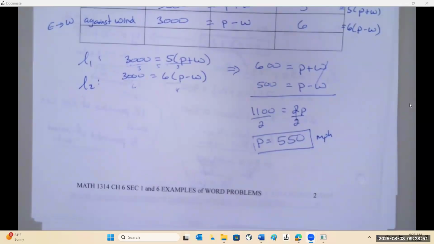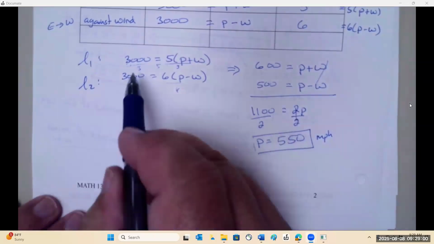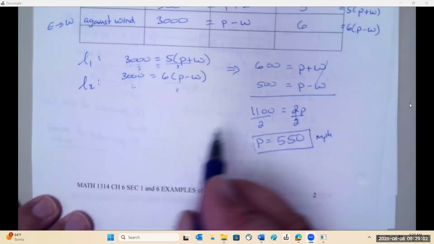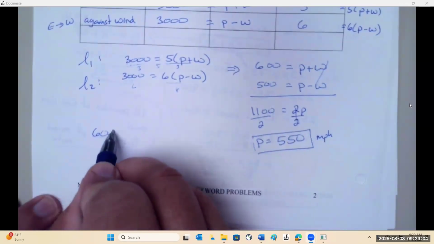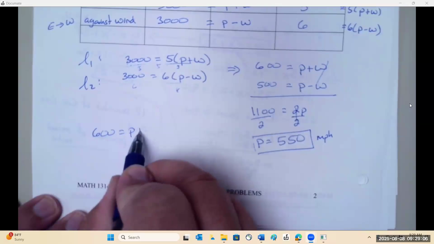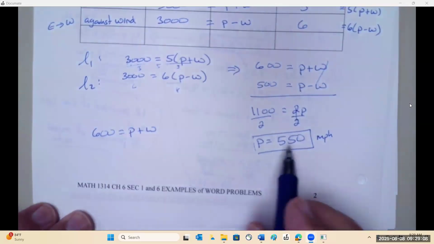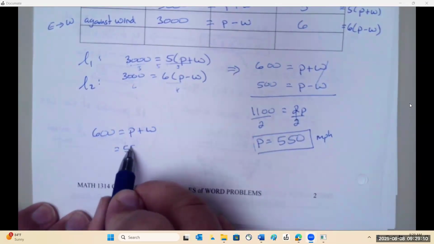How do we find the speed of the wind? We use that formula. Yeah, we use either one of these two equations. Let's use the first one. 660 equals P plus W. P is 550.